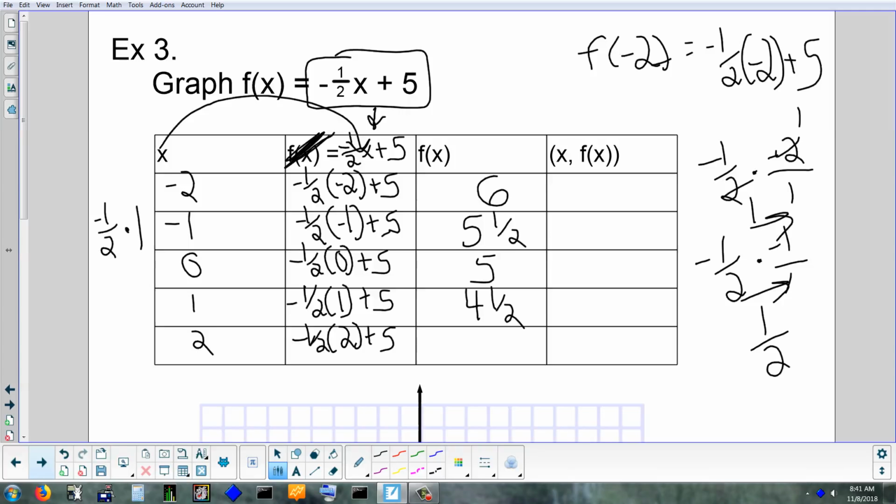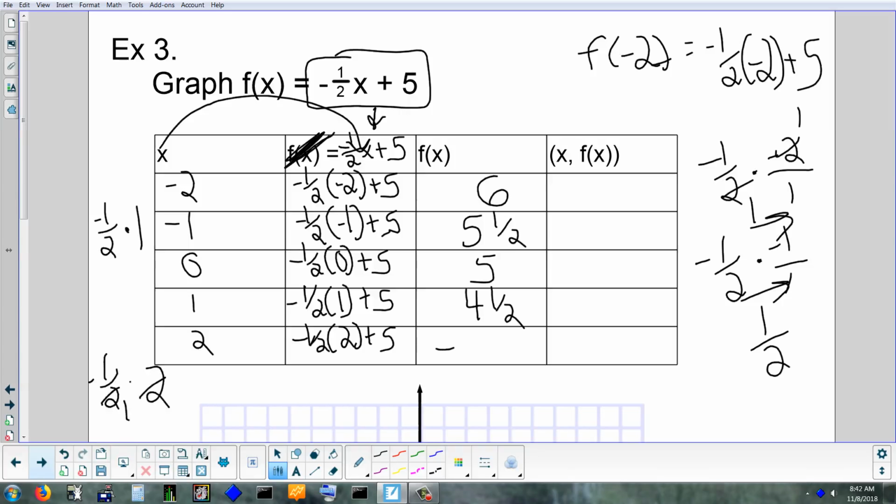And then we got negative 1/2 times a positive 2. A negative times a positive is a negative. I got negative 1/2 times 2. This will cancel out, and I'm going to end up getting a negative 1, plus 5.